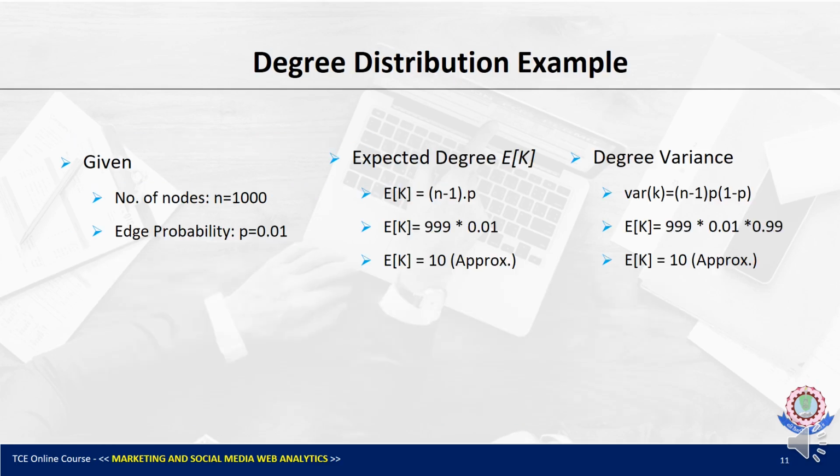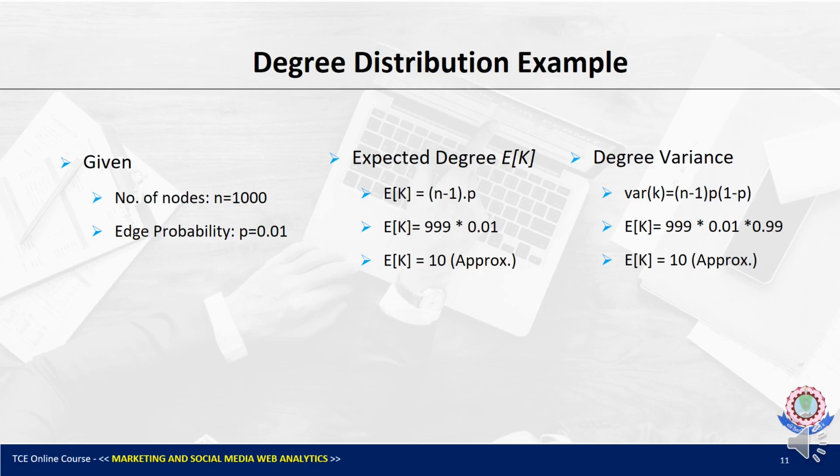So let us see an example of a degree distribution. Here, the value of n is 1000, that is, the number of nodes is 1000, and the edge probability is p equals 0.01. To calculate the expected degree, we can use the formula E[k] equals (n-1) times p.